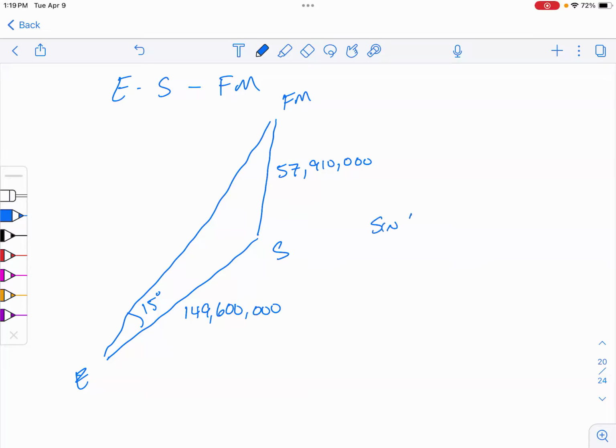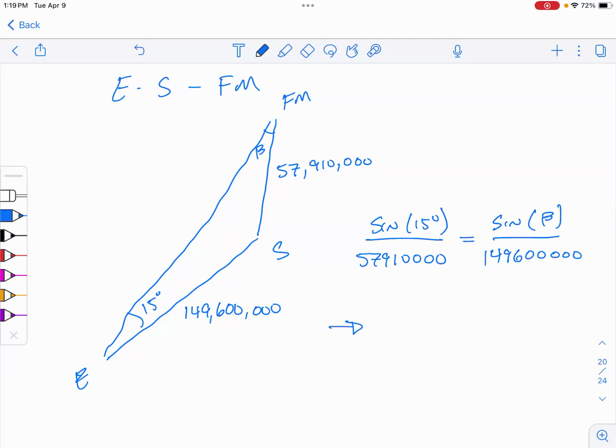So sine of 15 degrees over 57,910,000, and I'm going to call this one beta: sine of beta over a wonderful number here. That'll give us our angle beta.